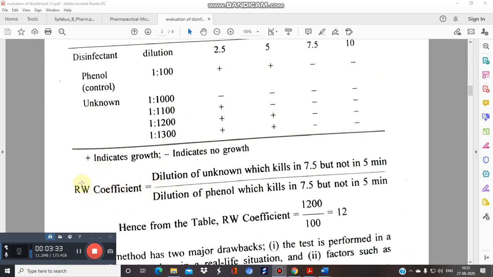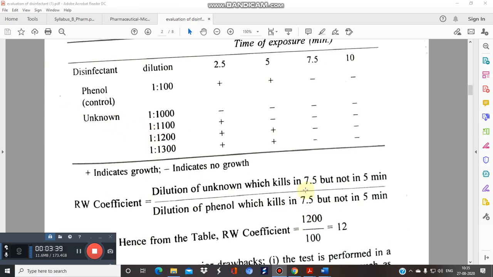So what is the Riedel-Walker coefficient? It is the dilution of the unknown, or test disinfectant, which kills the microorganism in 7.5 minutes, equal to this 1200, because here there is no growth, but not in 5 minutes, because in 5 minutes the bacteria remain sustained, divided by the dilution of the phenol which kills in 7.5 minutes but not in 5 minutes.